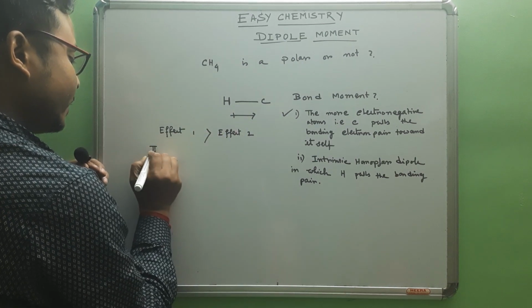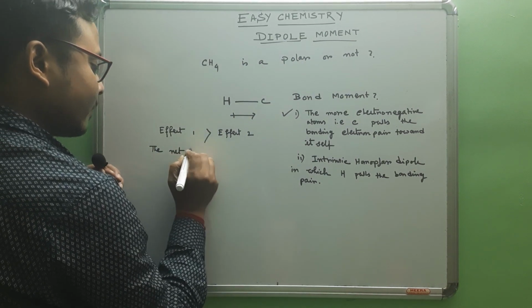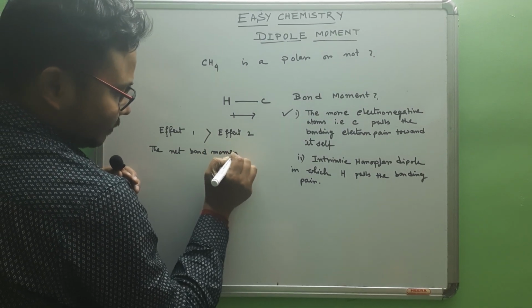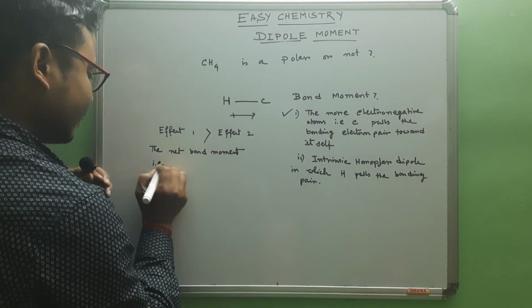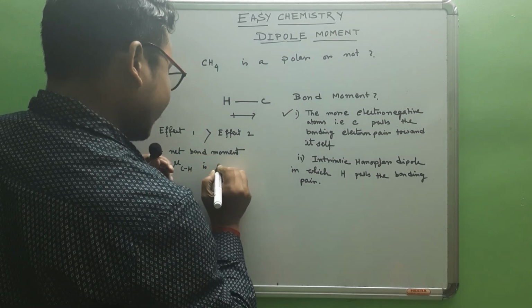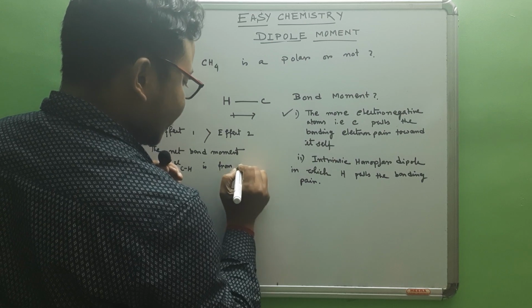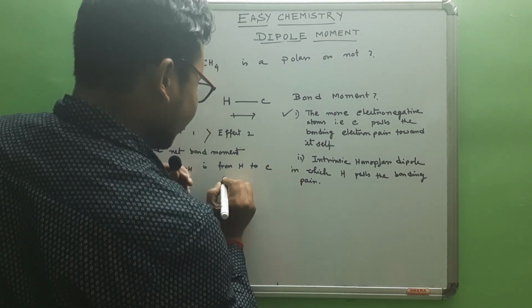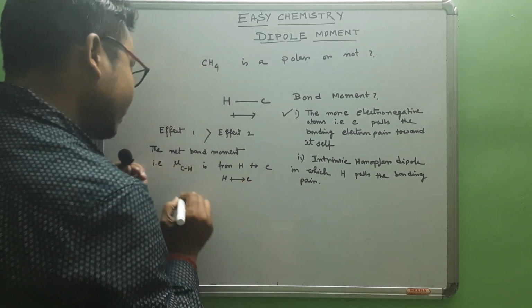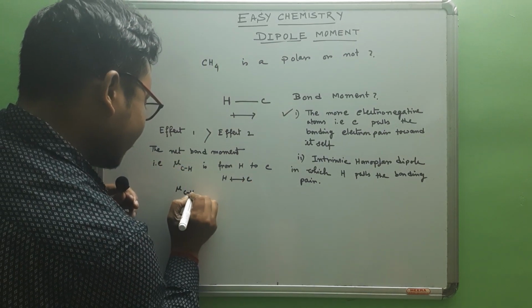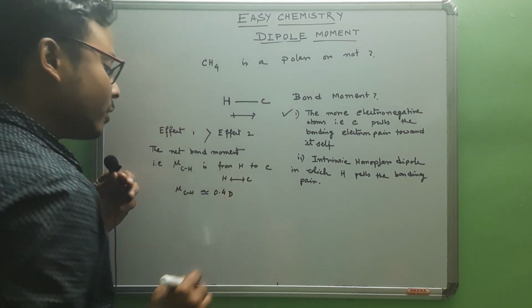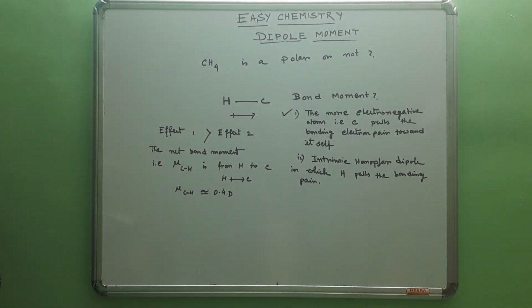Therefore, the net bond moment, that is mu CH, is from hydrogen to carbon, and the value of mu CH is almost 0.4 Debye.